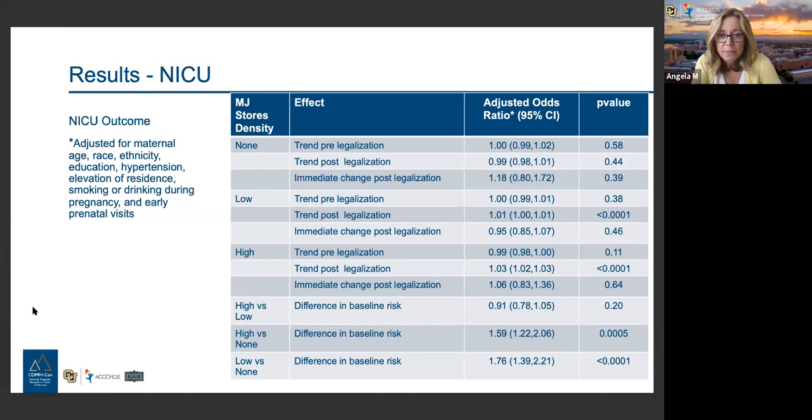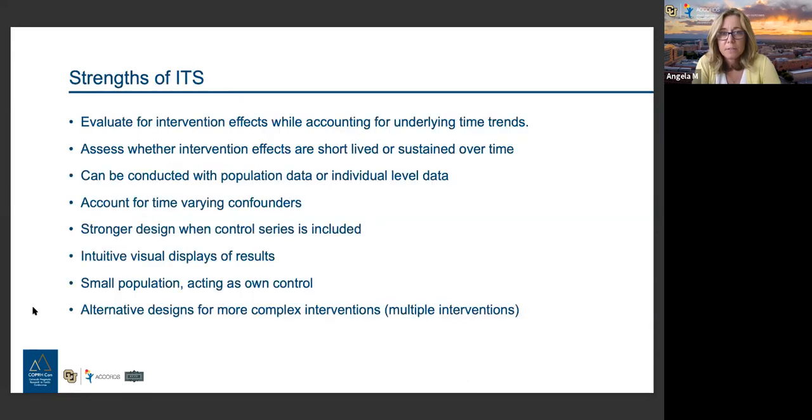And the high group is also, that's even more significant, well, a greater odds ratio. So what it's telling us is that after adjusting for all these covariates, NICU admissions are increasing at a greater rate after legalization of marijuana.